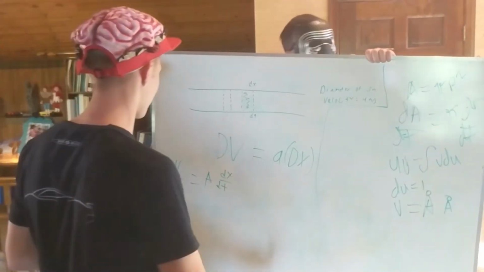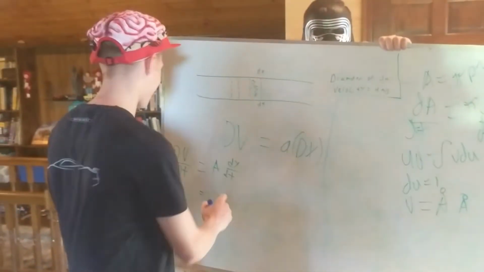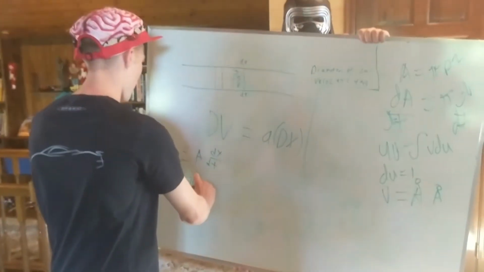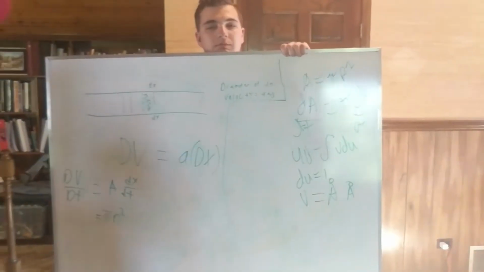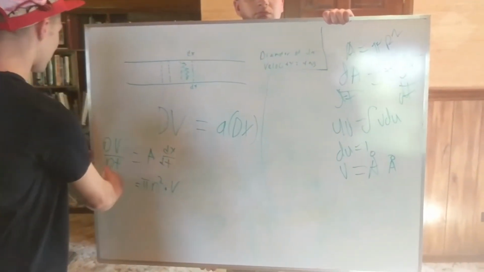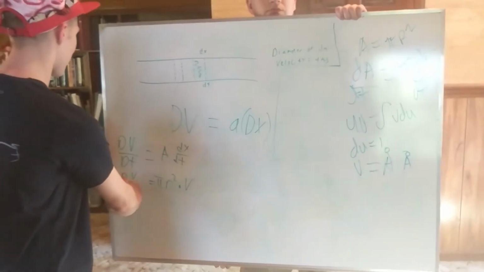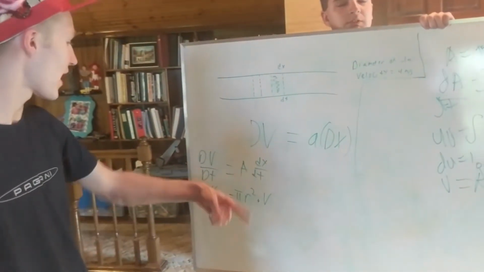So since we have a cylinder, our area A is equal to pi r squared. So then we're going to want to multiply it by our velocity. And so we get that the change in volume is equivalent to the area times the velocity, and our area in this case is pi r squared.